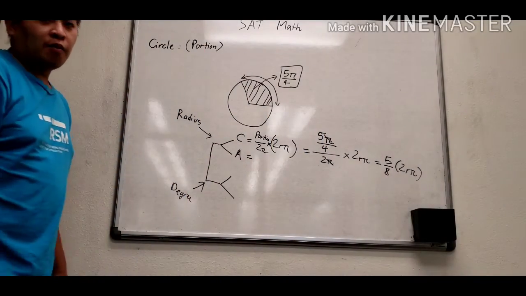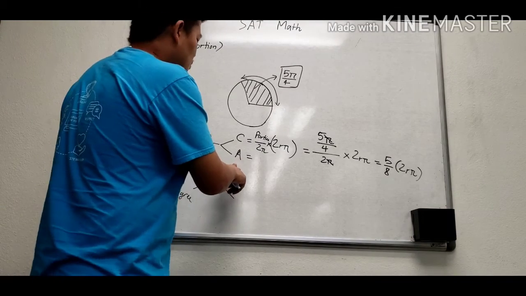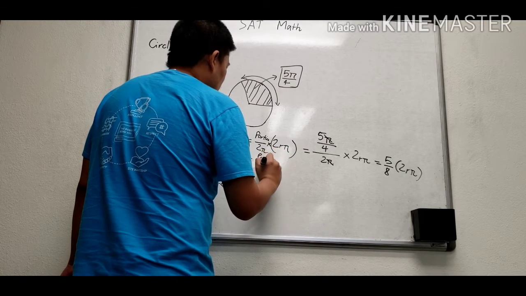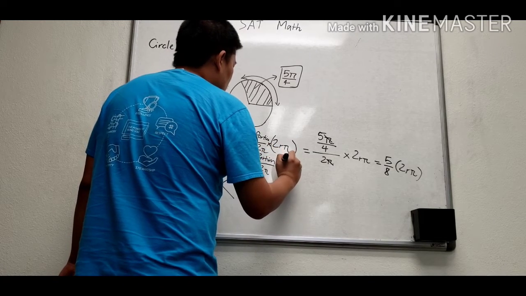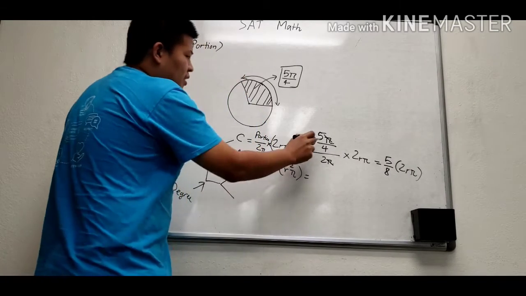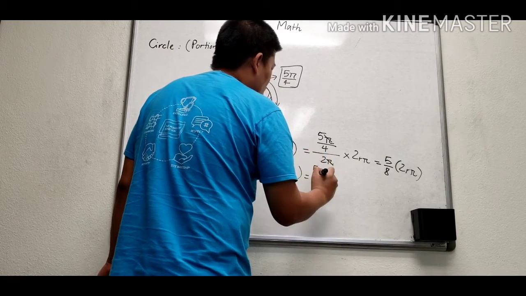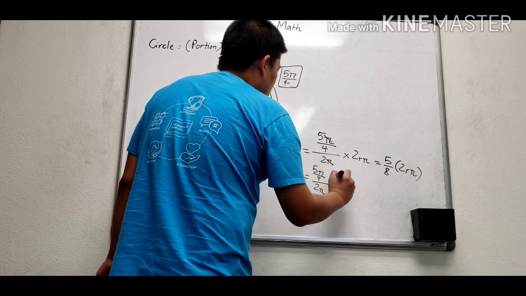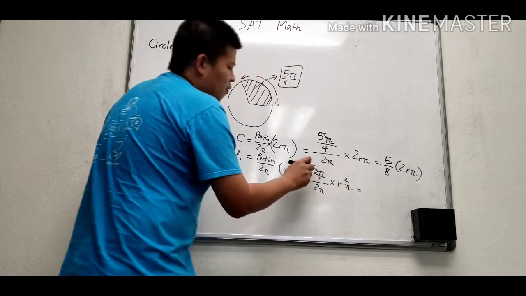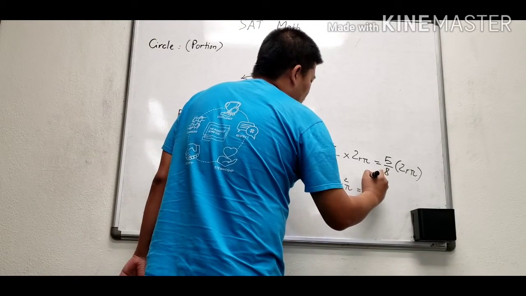This is the basic way to find the portion. Similarly for the area, we have the portion divided by 2 pi, multiplied with r squared pi. The portion here is 5 pi over 4 divided by 2 pi, which is 5 over 8.